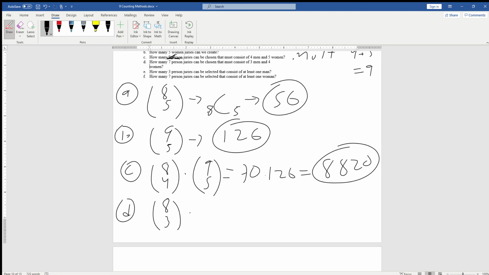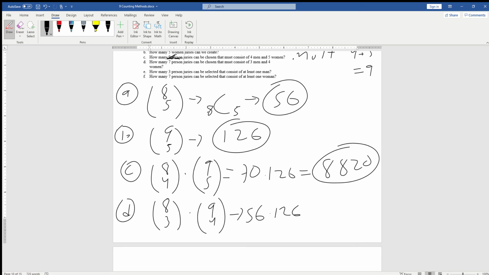There are 4 women, so of the 9, we want 4. In the calculator, we compute 8 combination 3, and I get 56. And then 9 combination 4, I get 126.